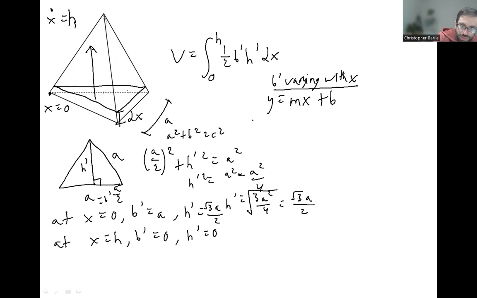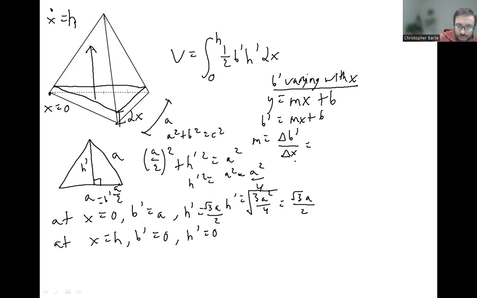So let's think about b prime first varying with x. We can write b prime equals mx plus b, just to be clear here. Let's calculate m. M is our slope, so that's rise over run. That's delta b prime, our rise, our y value, over delta x. And so what's our b prime?